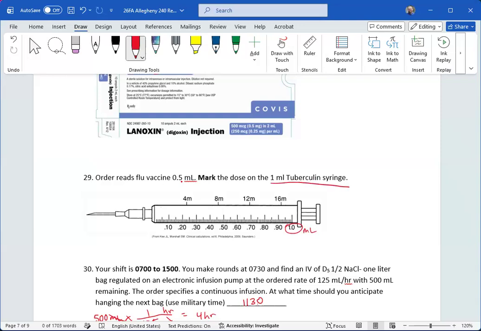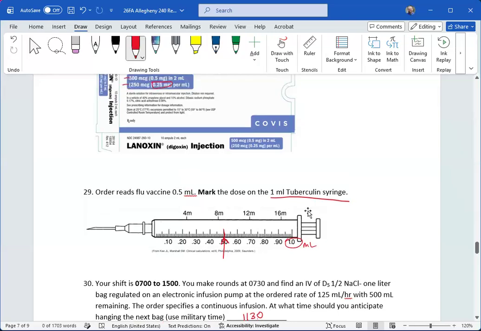So this whole thing is 1 milliliter. So if it asked you to make a mark at 0.5, this is the area where they're asking you to make that mark. You could technically do 0.55, 0.551, 0.552.